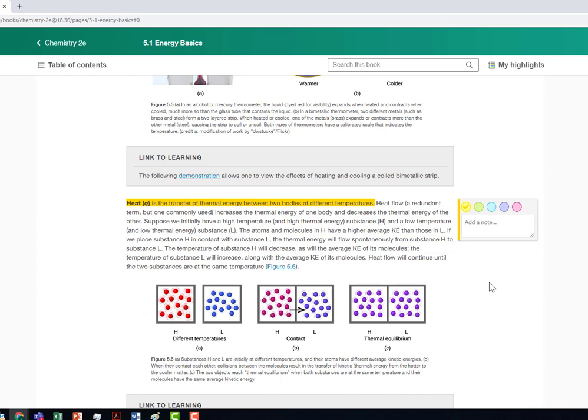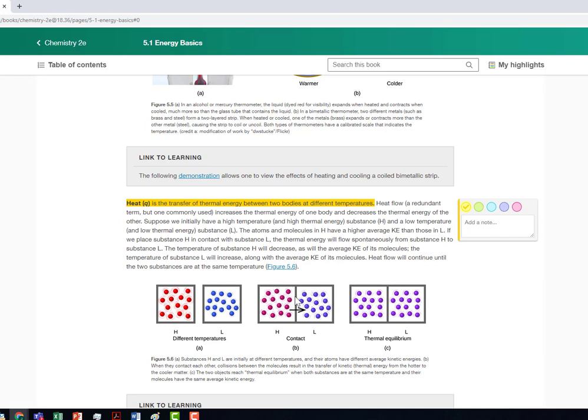Where we have two objects at different temperatures, one is at a higher temperature and its molecules are vibrating more. When it's at a lower temperature, the molecules are vibrating less. As we put them in contact with each other, energy flows from the one at a higher temperature to the one at a lower temperature.